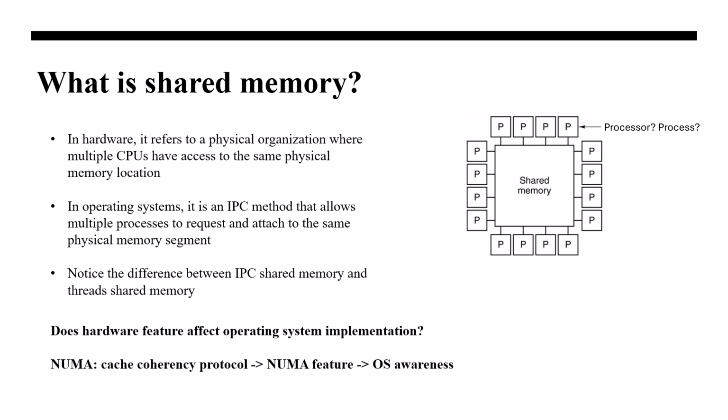So let's take NUMA as an example. NUMA is the non-uniform memory access model. In such an architecture, we usually have more than one memory node, and the CPUs are divided into different clusters. Some of them have faster access speed to node A, and some have faster access speed to node B. Given this feature, we want to make our OS aware of the different access speeds.